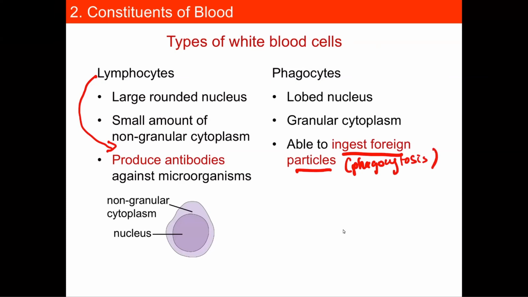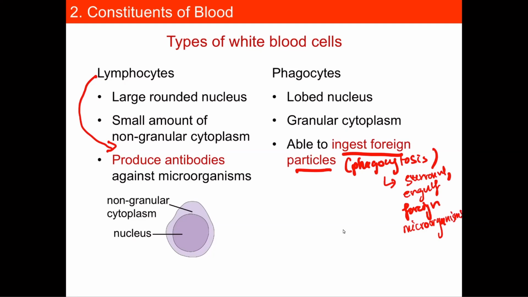Basically, this is the process in which phagocytes surround and engulf, meaning they consume, these pathogens, or your foreign microorganisms.